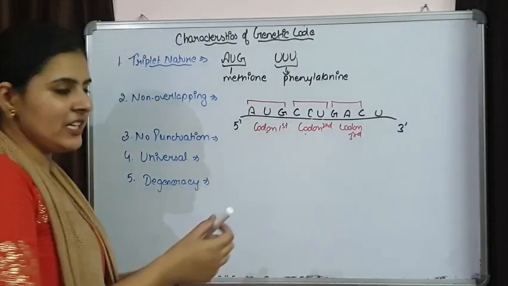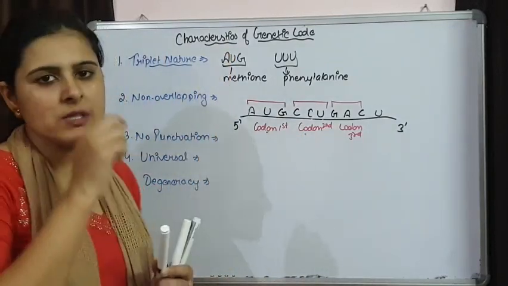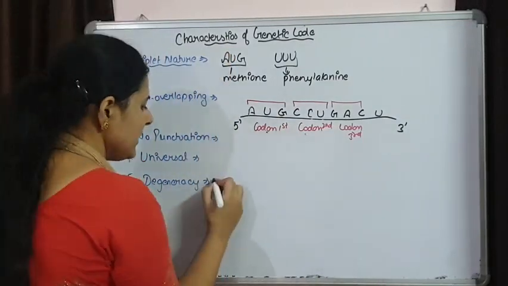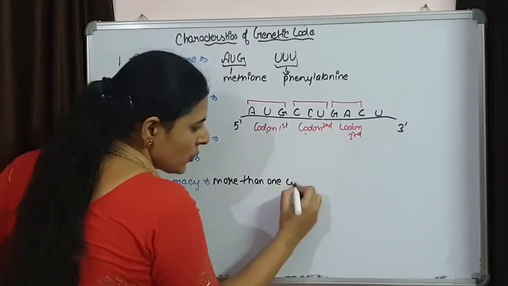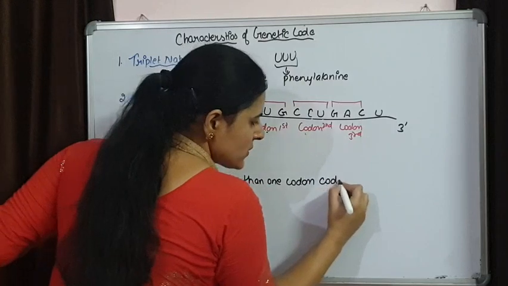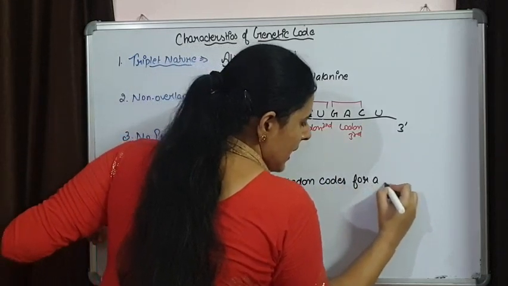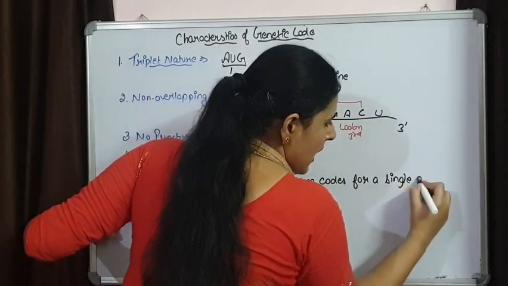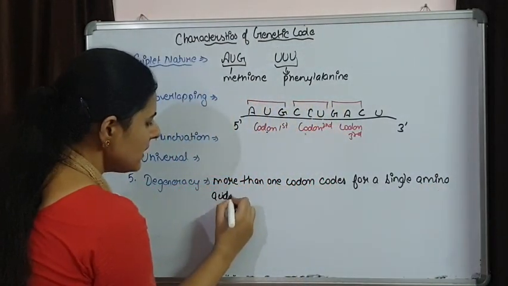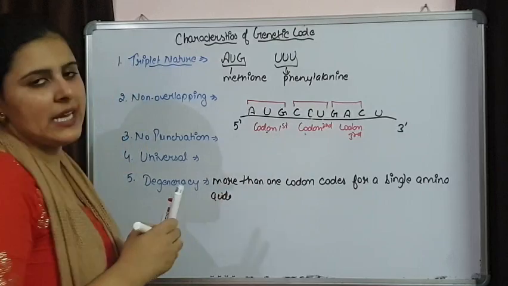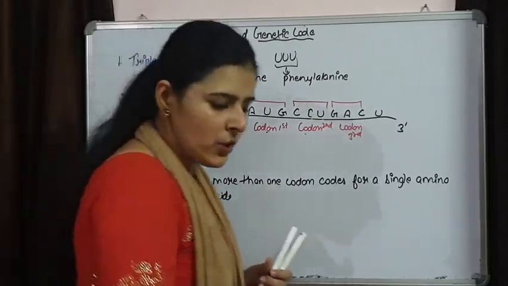That means degeneracy. It means more than one codon codes for a single amino acid. That is redundancy or degeneracy that is seen in the genetic code.